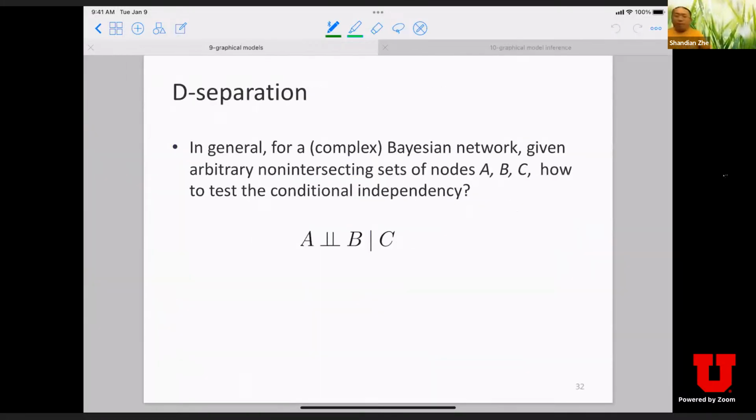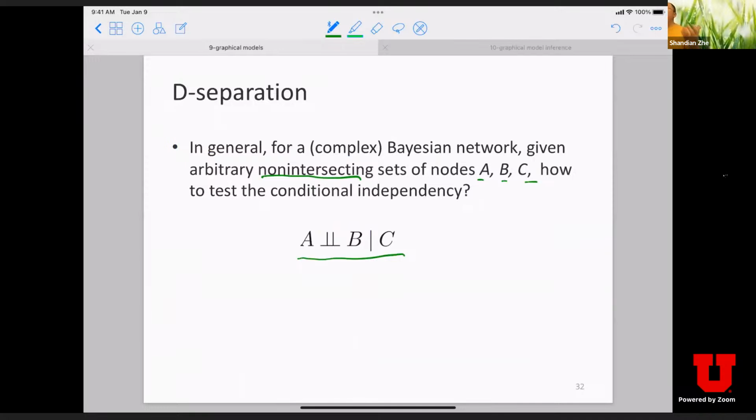Okay, so now we have finished talking about three basic cases of conditional independence. Now we want to ask a general question. In general, given arbitrary non-intersecting sets of nodes A, B, and C, which are three sets of nodes that don't overlap, how do we test whether, conditioned on C, the set of random variables in A is independent of the set of random variables in B?